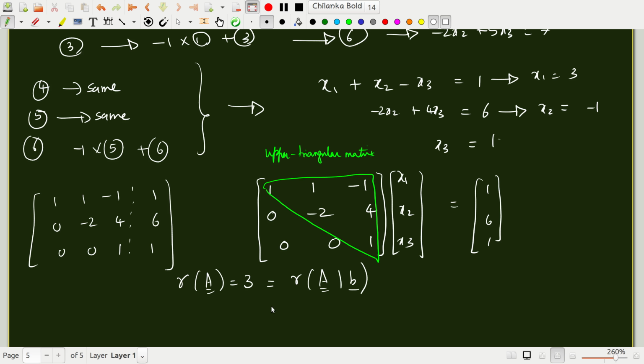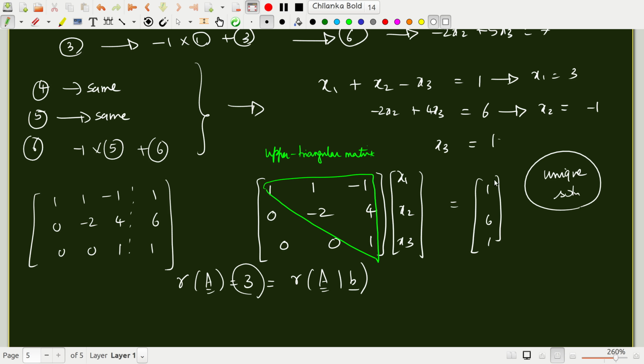Of course, it's order 3 here, because you cannot form a matrix of higher order. So rank of A is equal to rank of the augmented matrix AB, which is the same as the number of unknowns. So you have a unique solution. The Gauss elimination procedure helps you to figure out the solution rather easily, but it also helps you to figure out the rank quite easily.